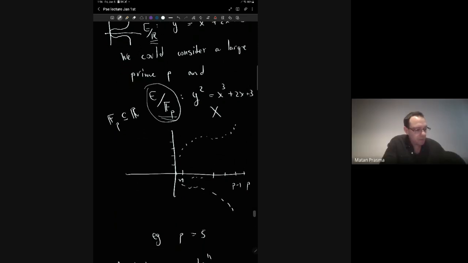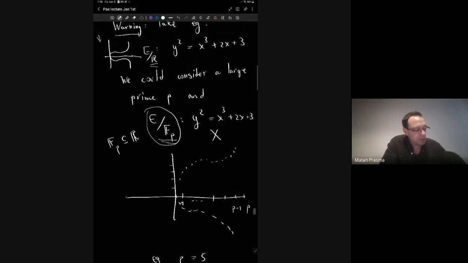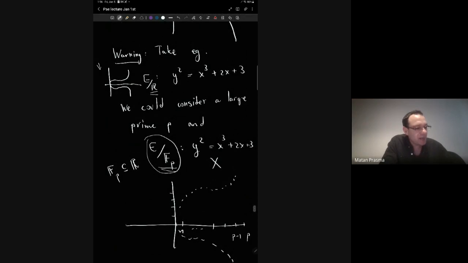Okay, so this kind of reasoning is generally called algebraic geometry. Algebraic geometry studies solution sets of polynomials, typically in many variables.